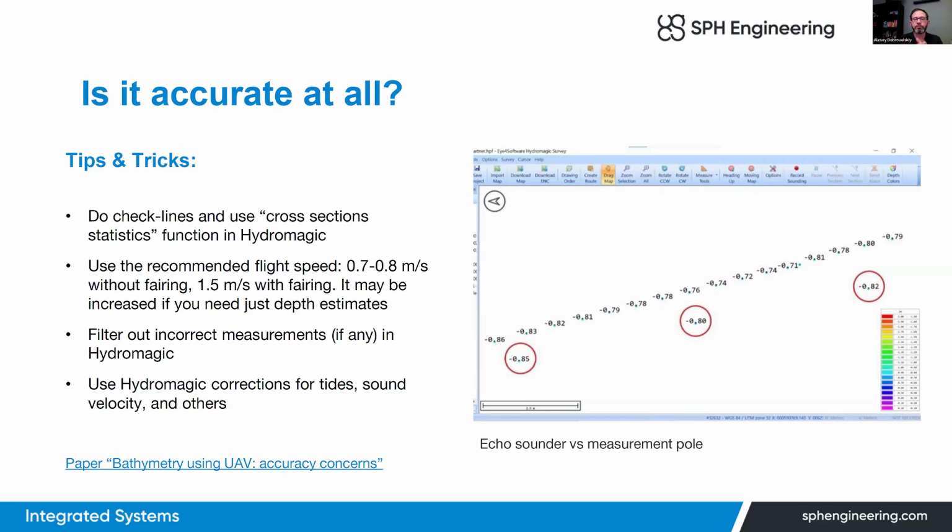Technically, and it is proven by multiple tests of ours and of our customers, the accuracy of the data is absolutely the same. In my opinion, and I don't want to ignite a discussion here, a drone flying 2 meters above the water is more stable, and a sensor with a heavy housing is much more stable compared with a small unmanned surface vehicle.